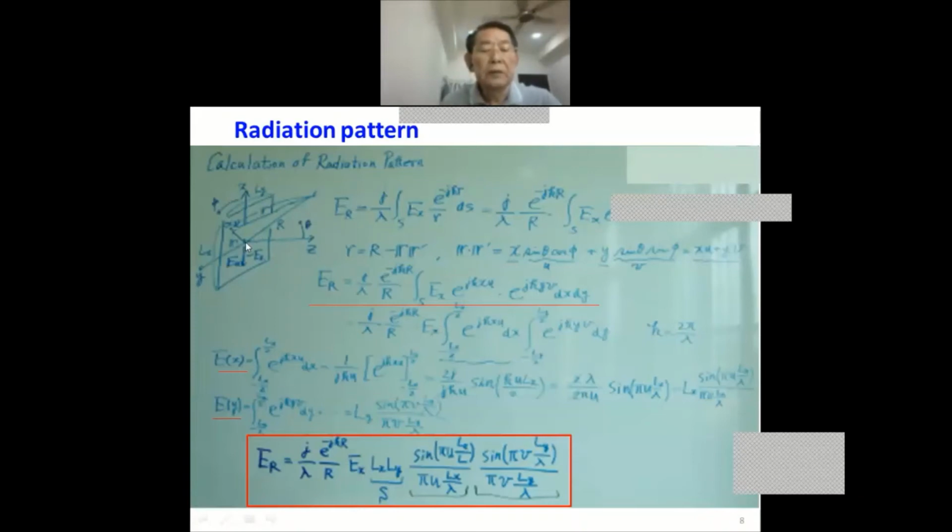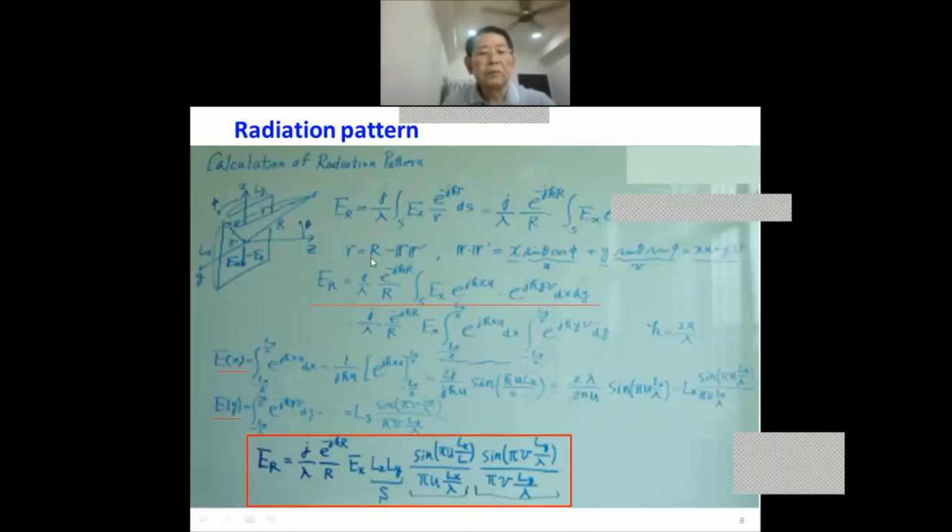That is far from the center of the aperture. This distance is expressed by large R. And from a point of the aperture to the observation point, this is expressed by small r.